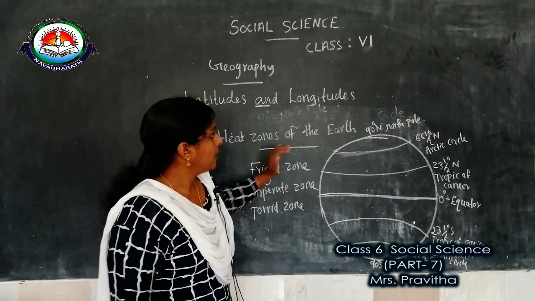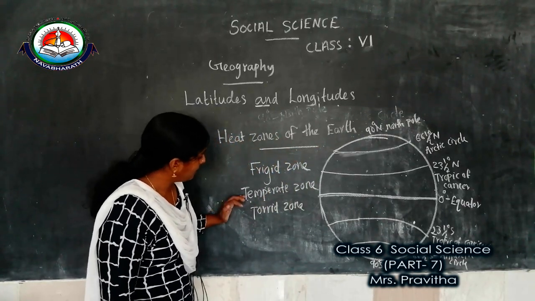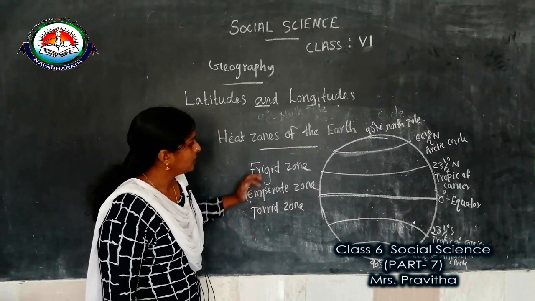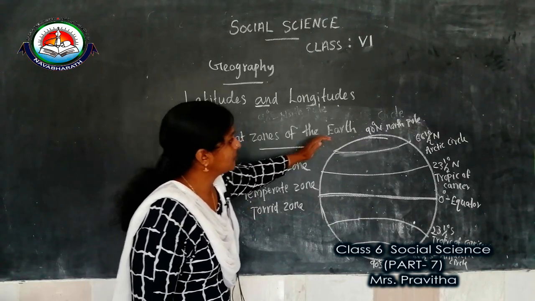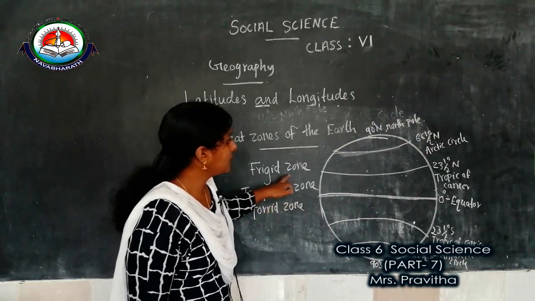Okay children, now we will discuss each zone: frigid zone, temperate zone and torrid zone. Between which latitudes do these zones lie? First, the frigid zone.